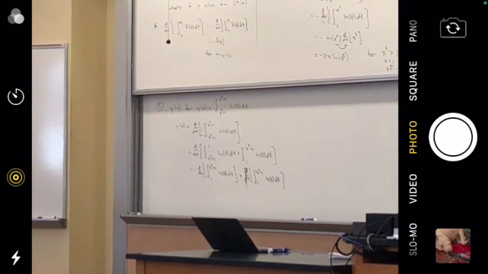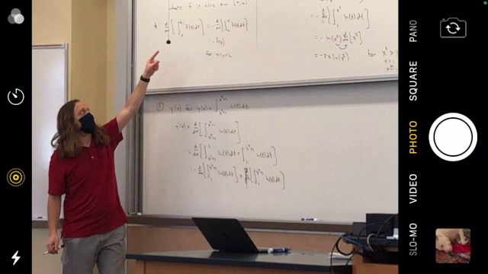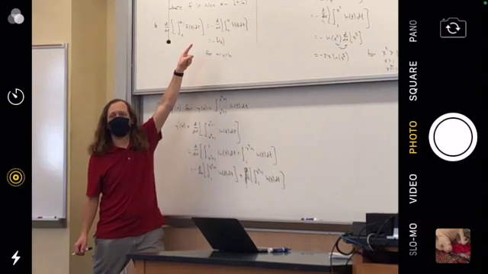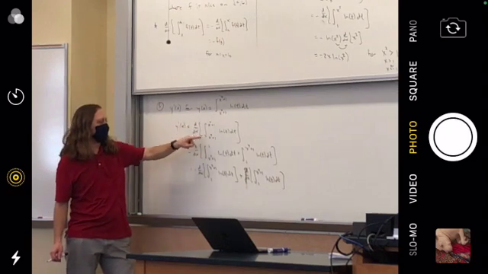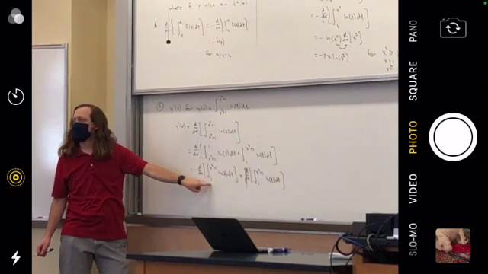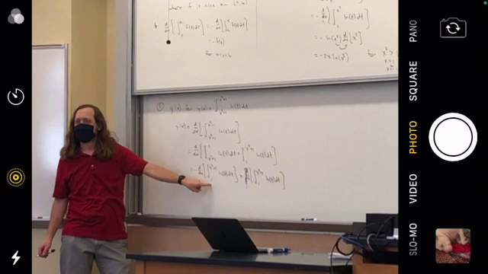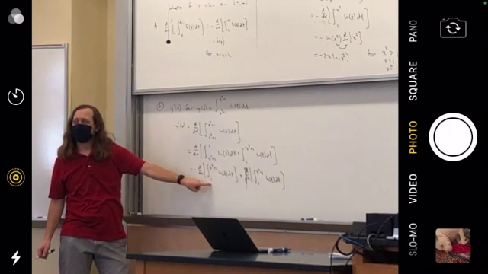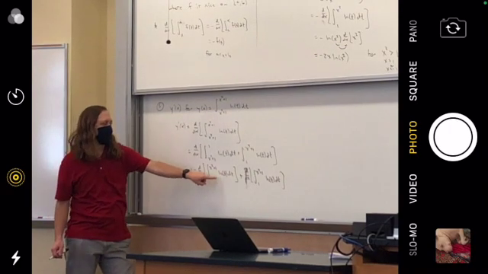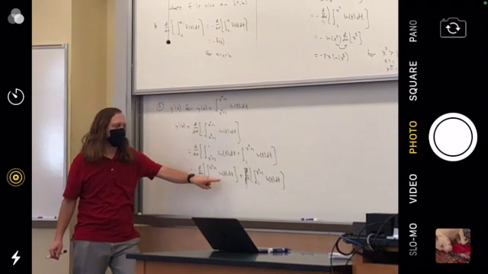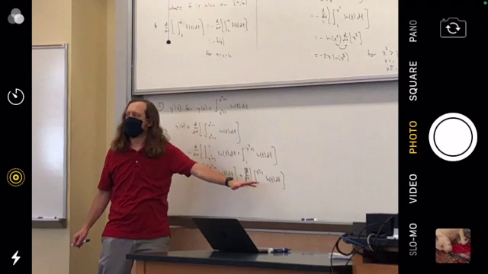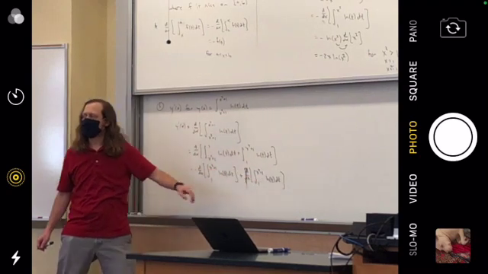X to the 4th plus 1 is always greater than or equal to 1. So now it fits this idea up here. I can do this as long as x is bigger than my lower endpoint. Each bound is always going to be bigger than my lower endpoint. A 0 wouldn't quite work because I worry about discontinuity here. But by picking the number 1, it is a nice lower bound. So I know that part's not getting in the way.